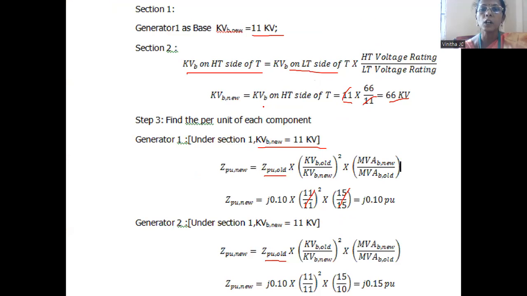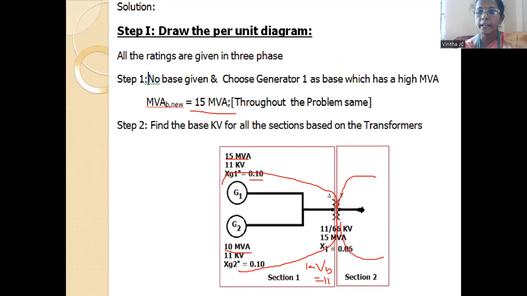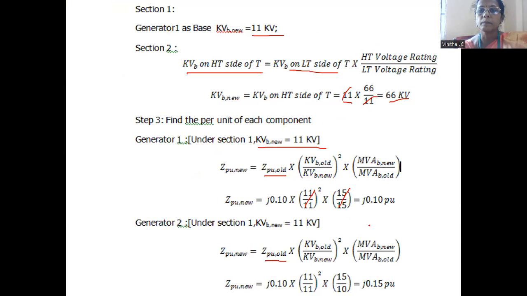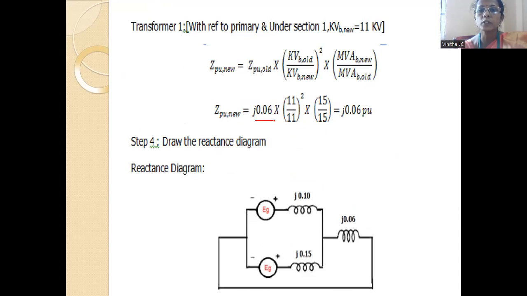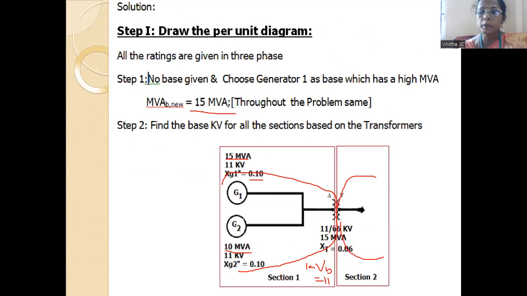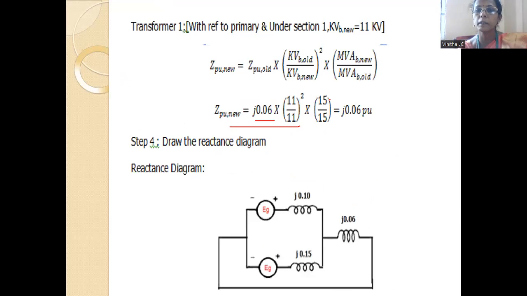For the transformer, Z per unit old is nothing but j0.06, so we substitute it here. kVB old is 11 and new is also 11, MVAB new is 15 and MVAB old for this transformer is 15 MVA. So 15 divided by 15 is 1, 11 by 11 is 1. So the answer is j0.06 per unit. This is the new per unit reactance of the transformer.